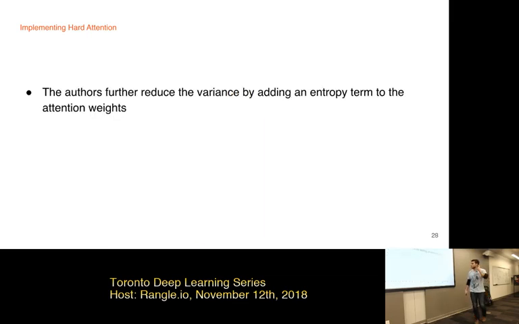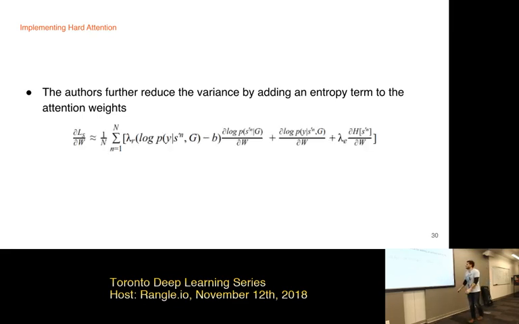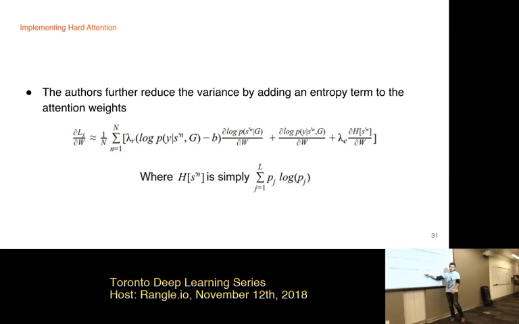Oh yeah, there is further variance reduction actually. Just when you thought it's done, right? By adding an entropy term to the attention weights. Basically, you have another factor where you have the entropy across the grid location, but thankfully this is simply the attention values, the values output by the soft attention. So it's something more manageable.